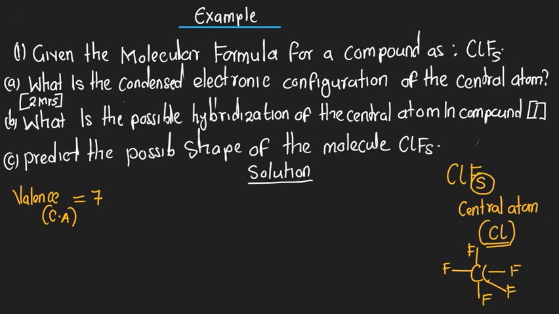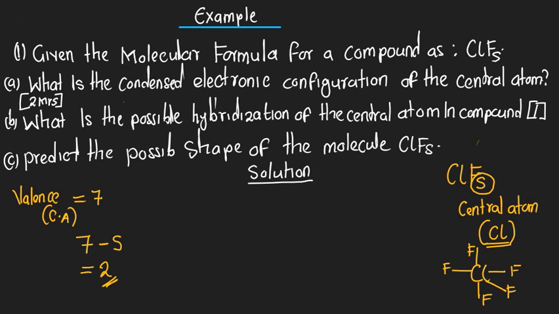Since you have found the valence electrons of chlorine, you subtract the number of bonds from it. So 7 minus 5, you get 2.